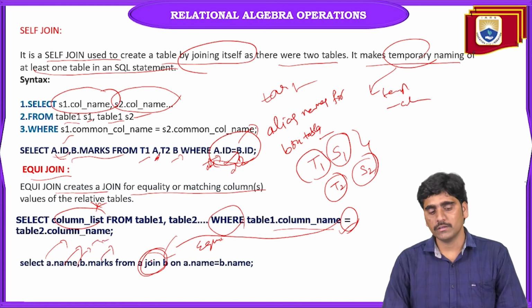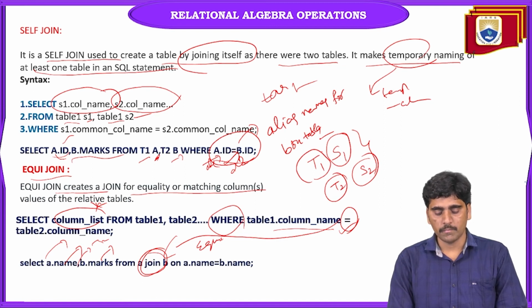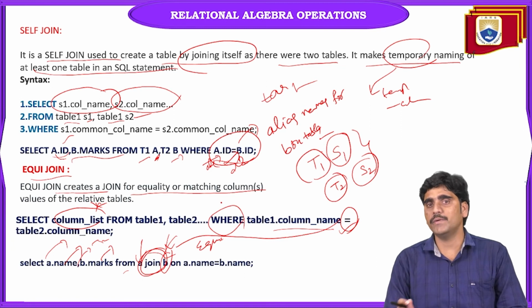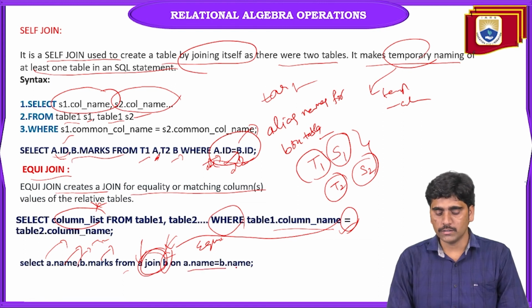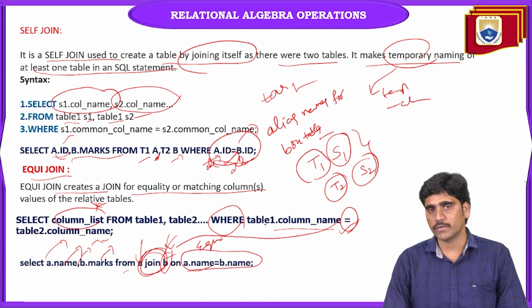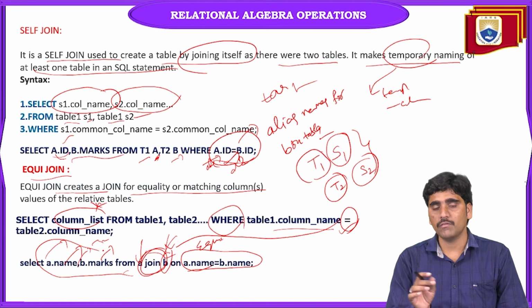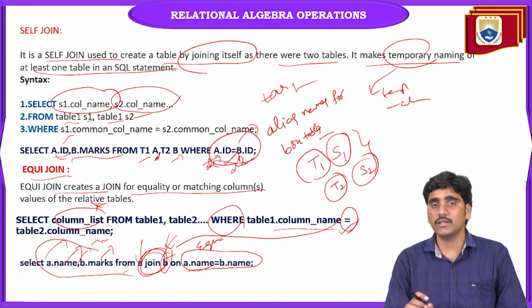So we are retrieving name and marks of table 1 and table 2 from A join B, meaning A and B tables are joined together. On what condition? On A.name equals B.name. On this condition, these two tables are joined together for displaying some values. So this is about equi join.